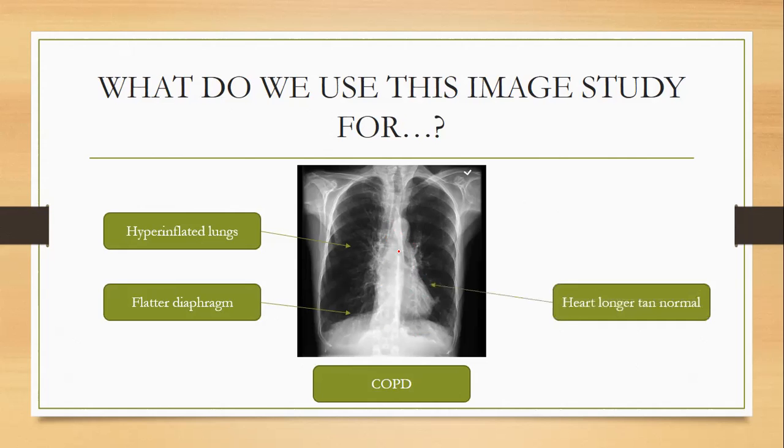How do we call this? Well, this is a heart. There's an H missing here. The heart longer than usual, than normal. And does anybody know what this sign is called? A heart that is longer than normal.